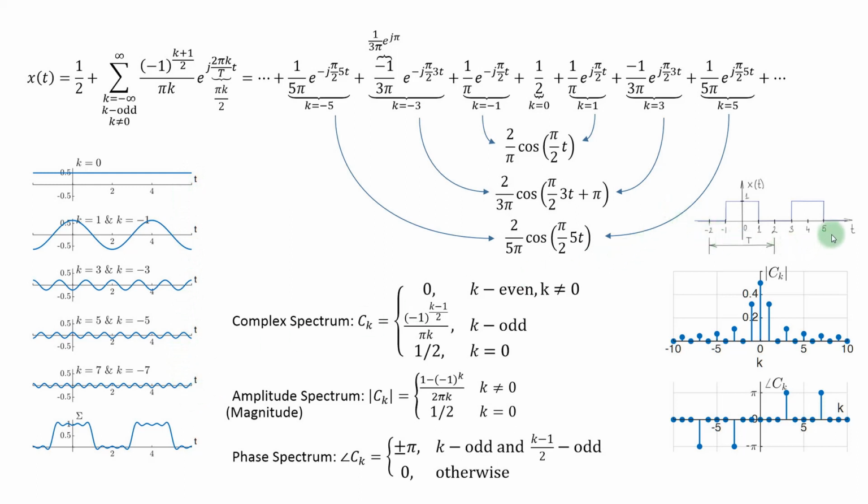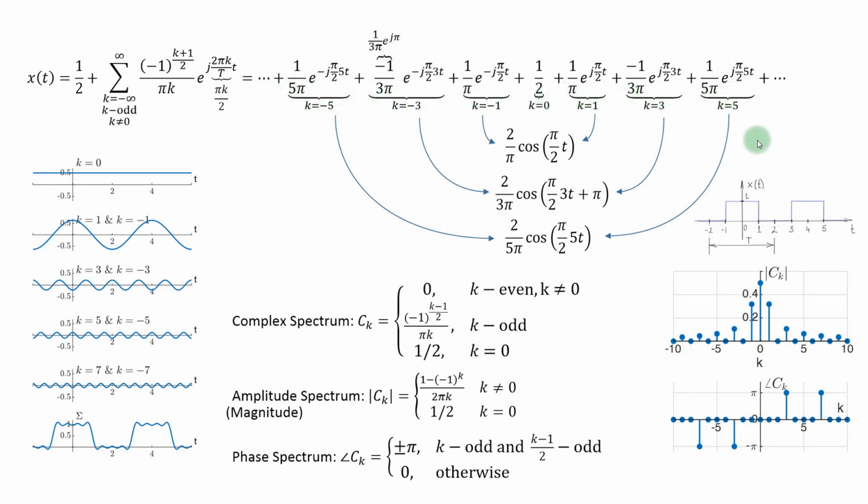Now, we are often interested in the amplitudes and phases of these cosines that are included in our signal. The information about these amplitudes and these phases is hidden in the complex amplitudes of these individual complex exponentials.